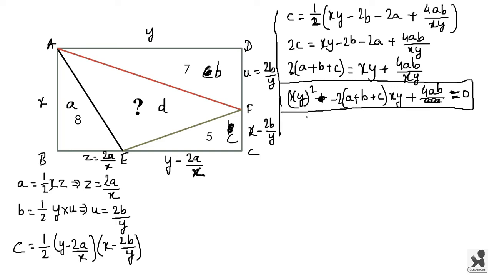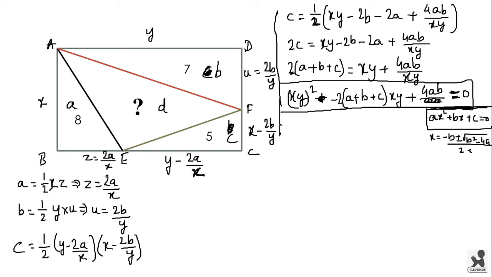That is, for example, this is in the form of ax square plus bx plus c equal to 0. Now to find x, we have a formula. What is it? x equal to minus b plus or minus under root b square minus 4ac by 2a.